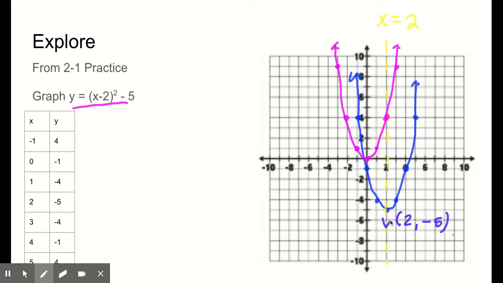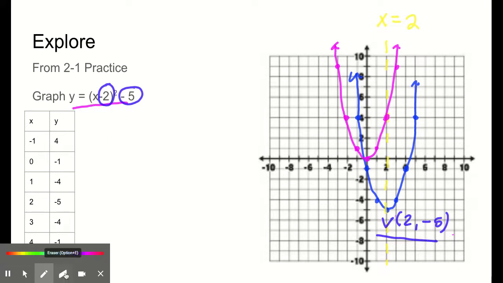So this graph is translated or shifted to the right 2 and down 5. Well, where did that come from? Well, I know we did the table of values over here, but if you take a look at the equation, notice that we have a 2, well, a -2, and a -5 in the equation as well. And that just happens to be our vertex.